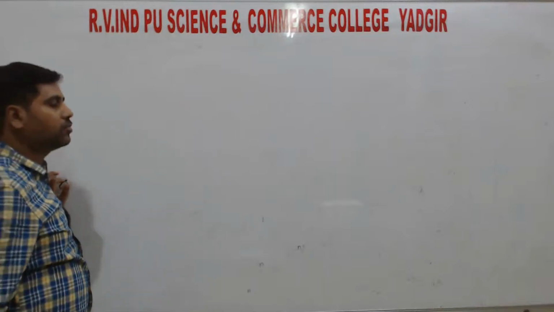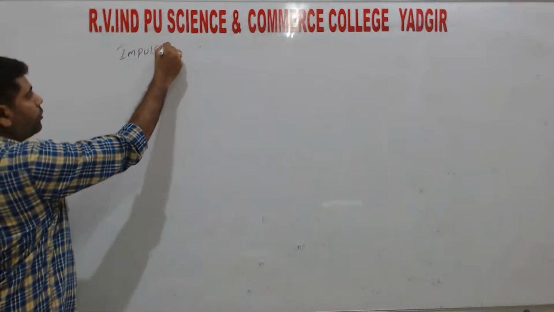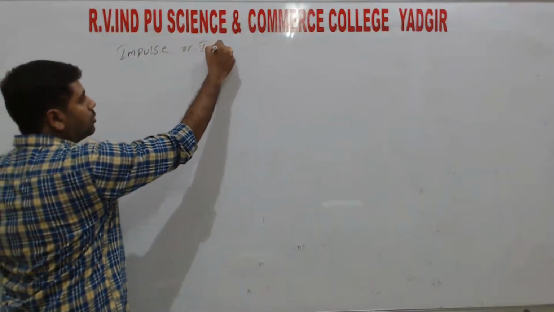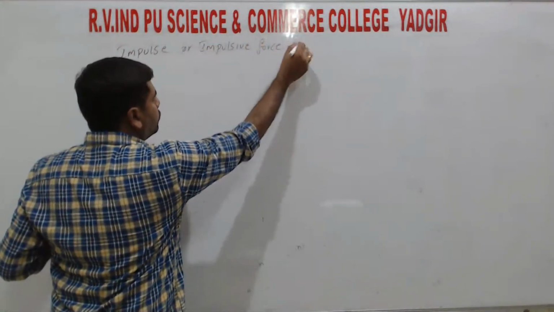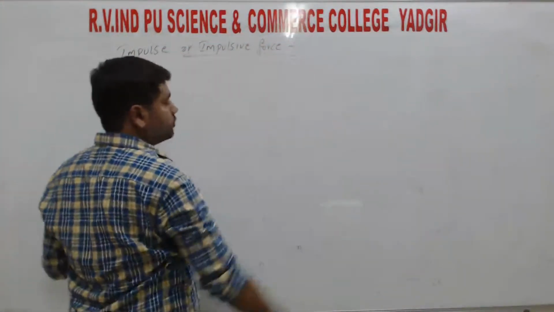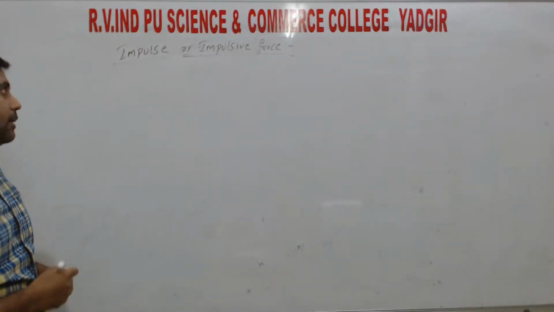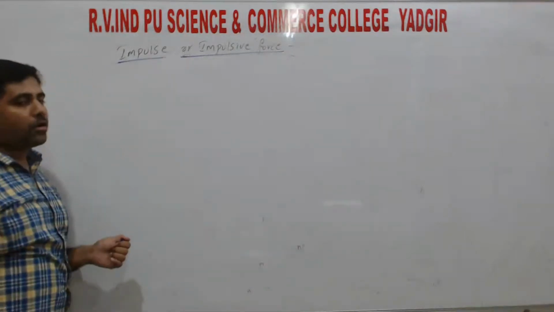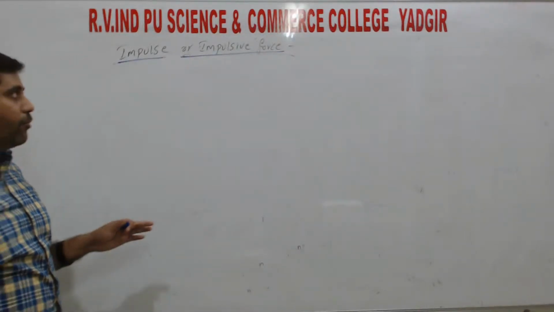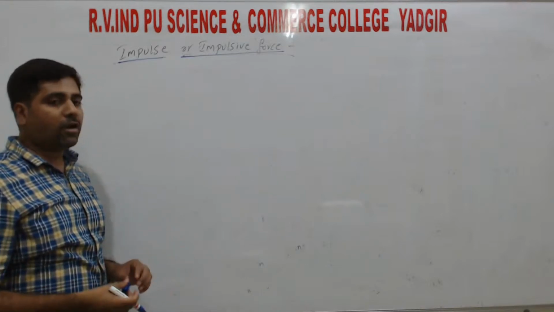Two examples are enough to explain. So one more concept, that is impulse or impulsive force. So again this is also one force. There are many types of force. So impulse or impulsive force means a large force acting in a small interval of time.